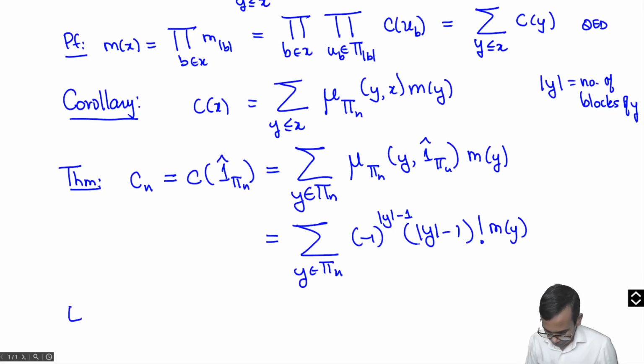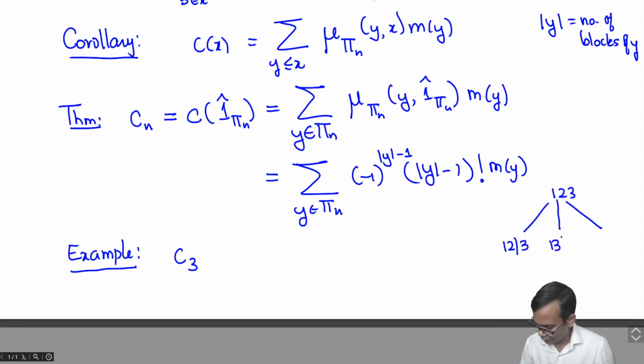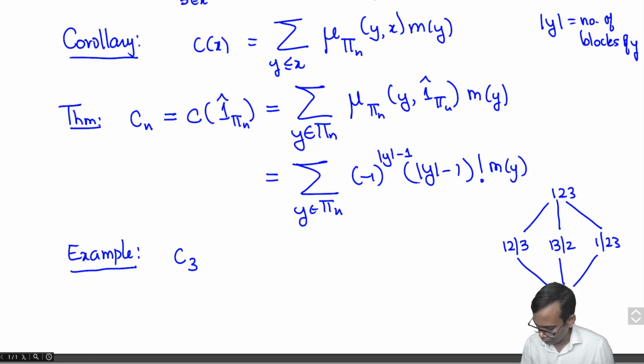So for example, we can calculate C_3. Let's just recall what Pi_3 looks like. Pi_3 just has 5 points: the trivial partition 123, then the partitions with 2 parts, and then at the bottom we have the discrete partition 1, 2, 3. If you just use this, you see that C_3 is going to have 5 terms, 3 of which look the same.